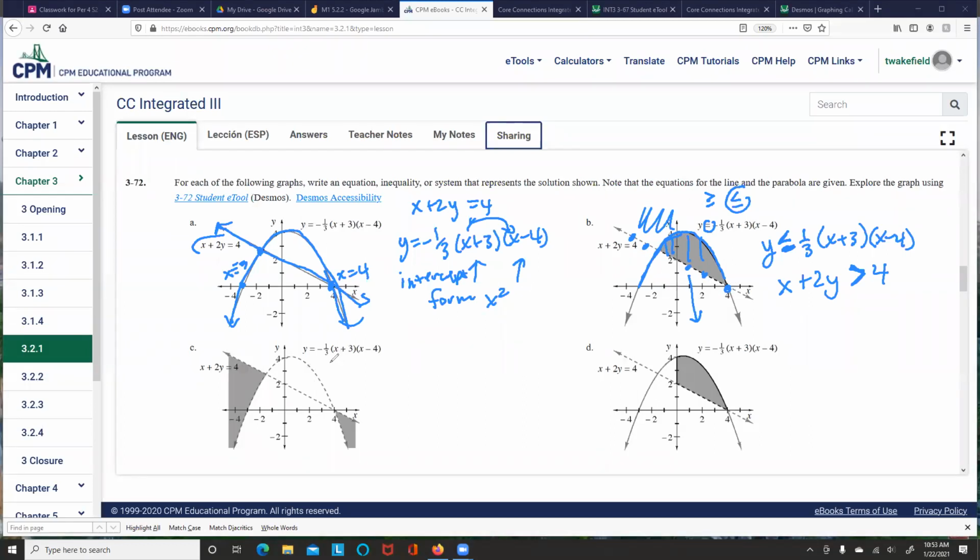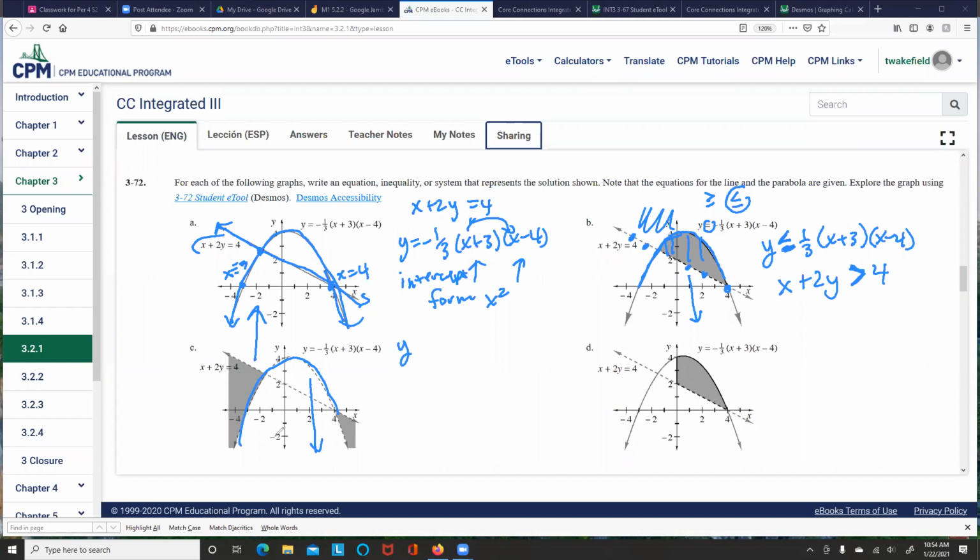Okay, so now we're going to change the shading from here to these two regions. In terms of this parabola, am I going less than the parabola or greater than the parabola? I would say that's less than, right?